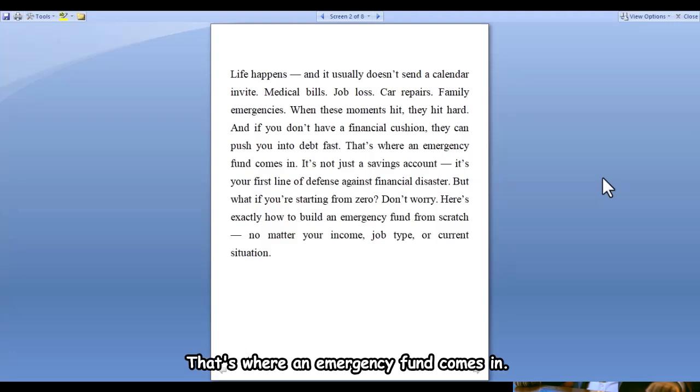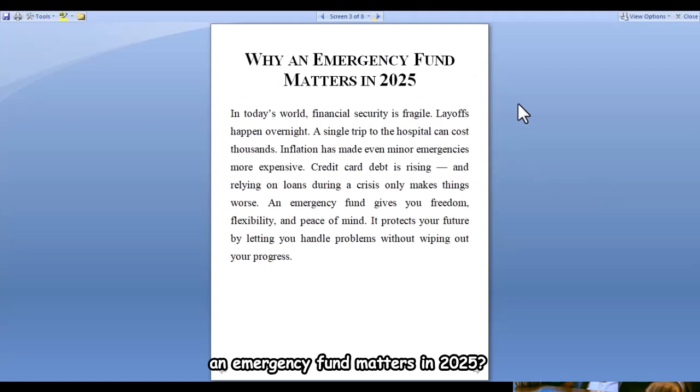That's where an emergency fund comes in. It's not just a savings account. It's your first line of defense against financial disaster. But what if you are starting from zero? Don't worry, here is exactly how to build an emergency fund from scratch, no matter your income, job type, or current situation.